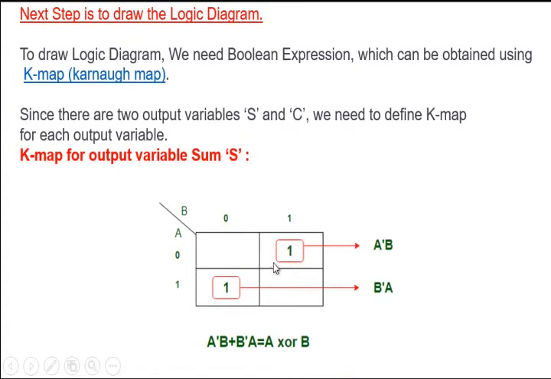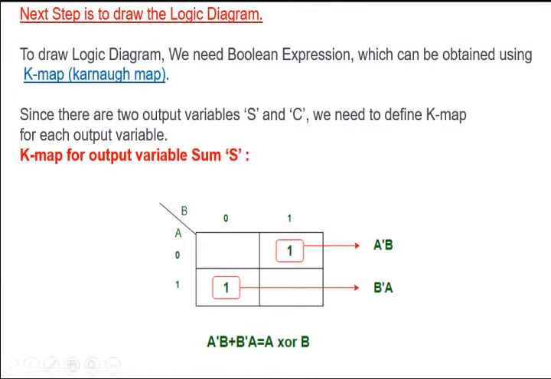In our previous truth table, we see that whenever the combination is 0 and 1, we always have output 1. So we put a 1 where A is 0 and B is 1, and where A is 1 and B is 0. According to the Karnaugh map, this portion is A bar B, and this portion gives the output A B bar.